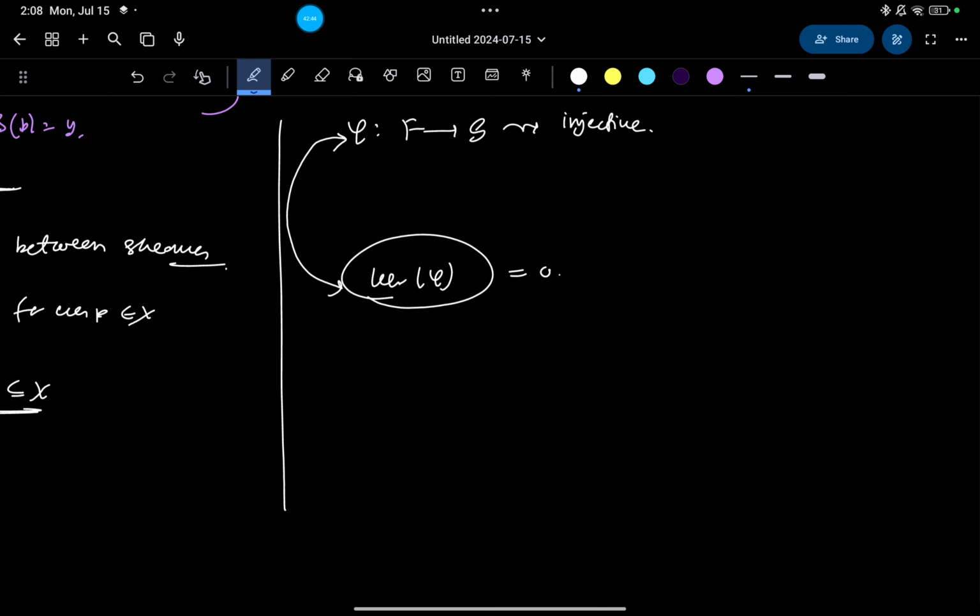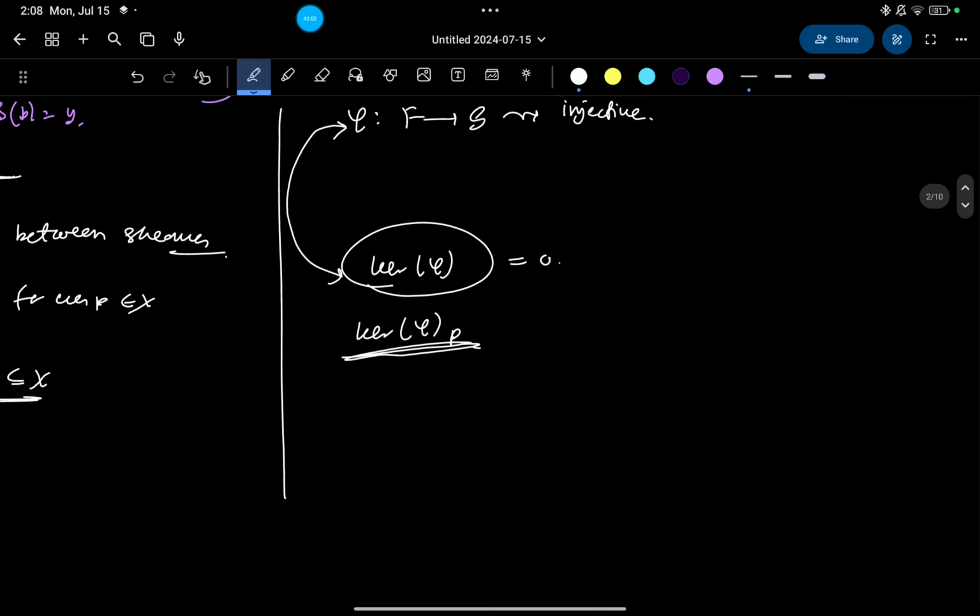Now suppose the kernel of phi is 0. So what about the kernel phi of p? The kernel phi of p means the stalk of the kernel. So the element should look like u comma s, where s belongs to kernel phi of u, for every u.